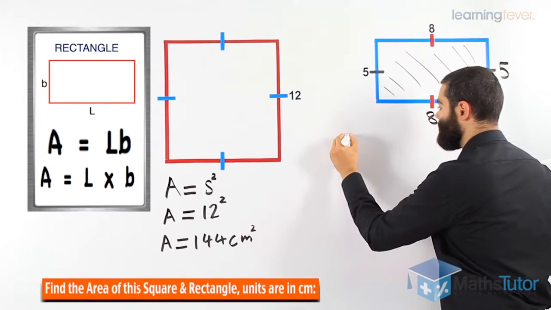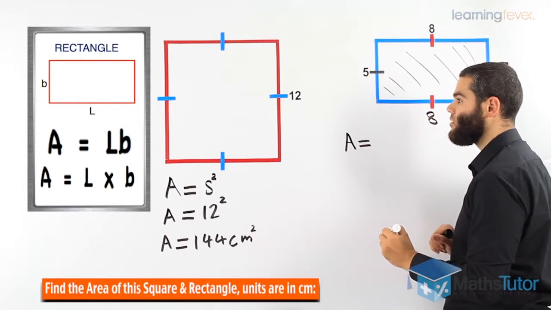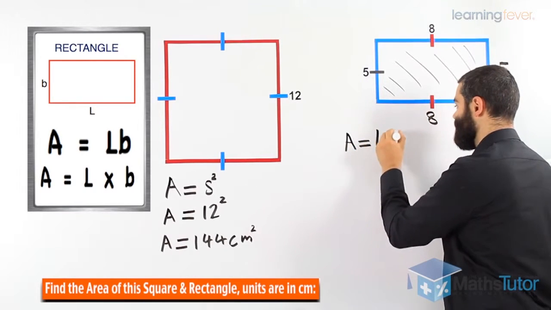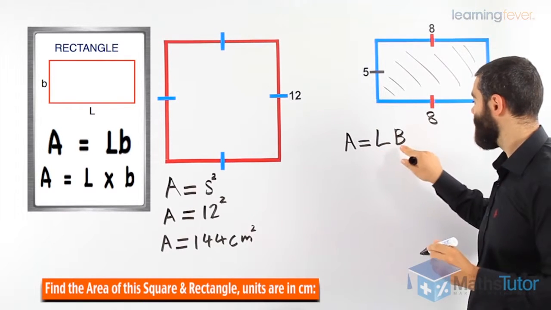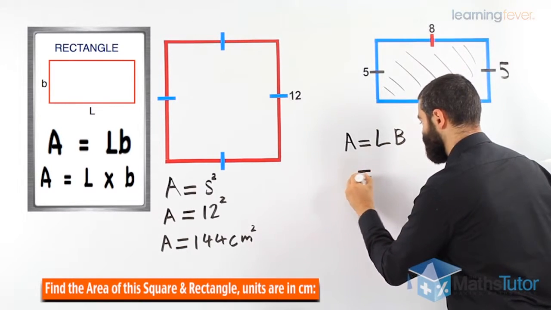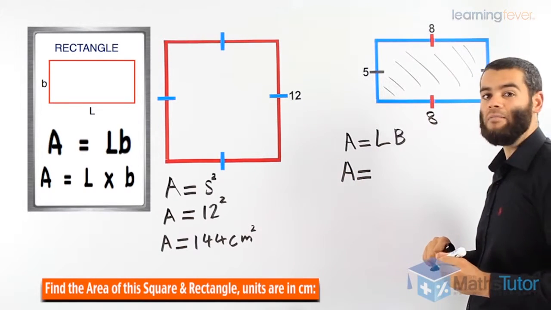Let's do it. The formula first. A for area equals LB, length times breadth. A, again area.